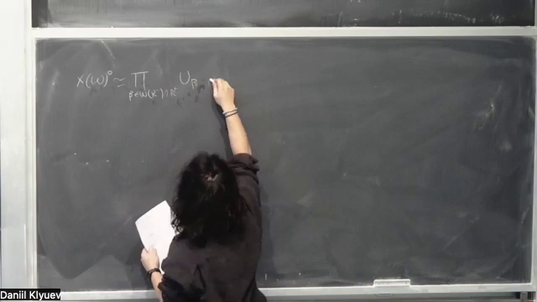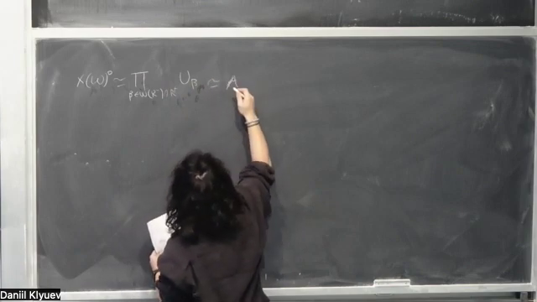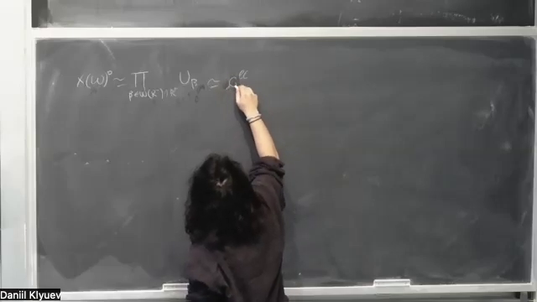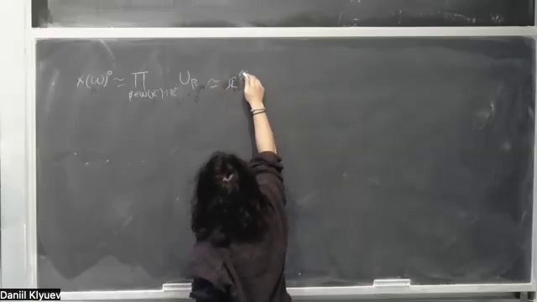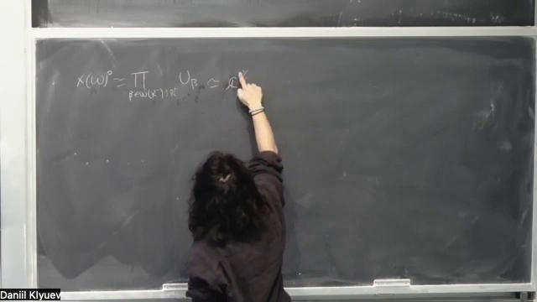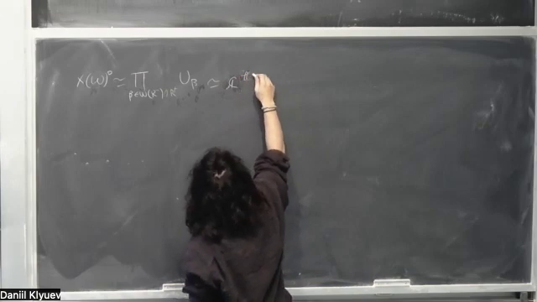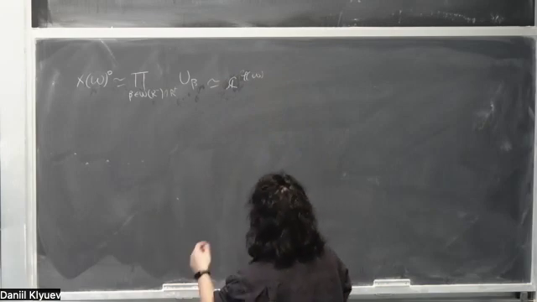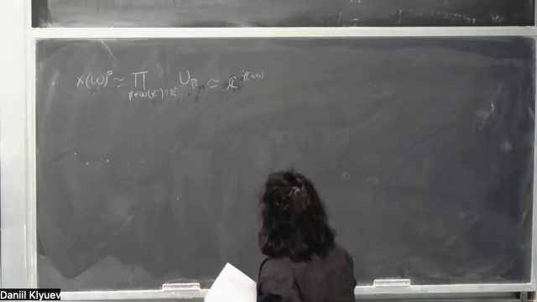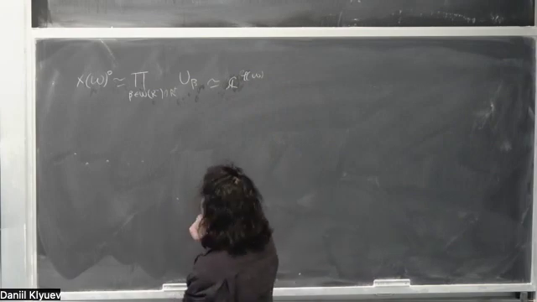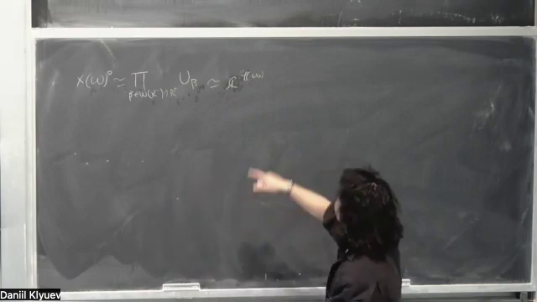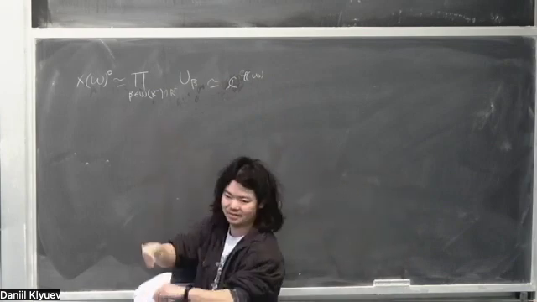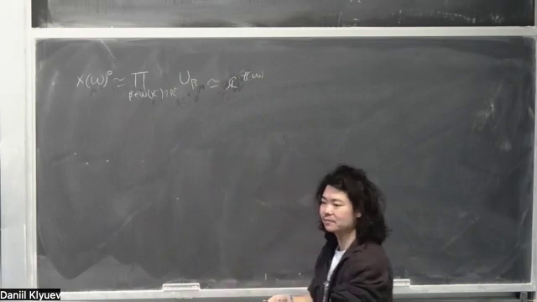And this is equal to just C to the length of w, because the length is exactly how many roots get reflected from the negative to the positive.